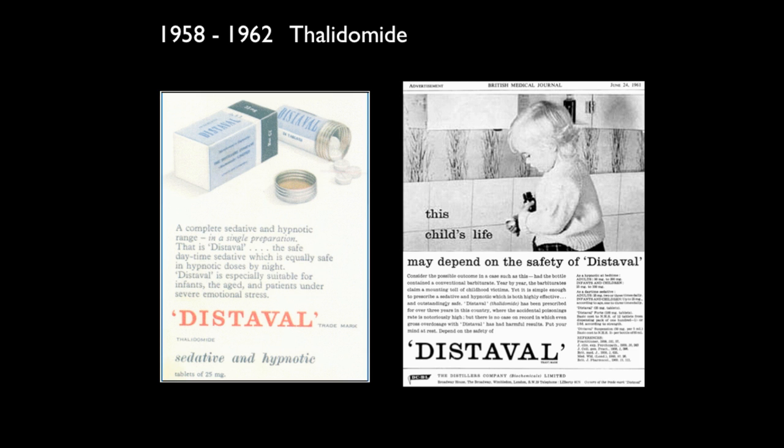Ironically, the page facing this advertisement in the BMJ was of letters to the editor reporting cases of sensory neuropathy after thalidomide sedation. In the 1950s, German and British neurologists proved that thalidomide poisoned sensory nerves, causing often permanent damage to the longest nerves, those to the feet and the hands.